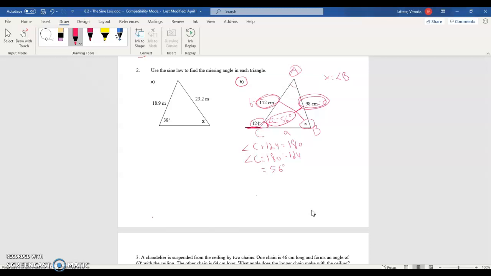So since we're looking for an angle, remember that we want to start off by writing our sine law with the angles on top of the fraction sign and the sides below it, because we're looking for angles specifically.